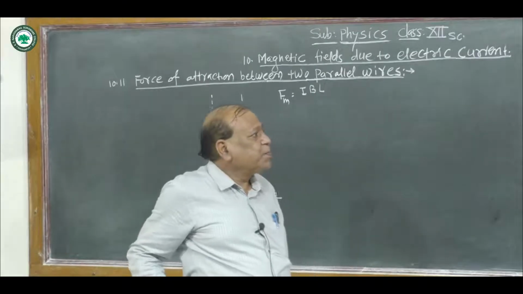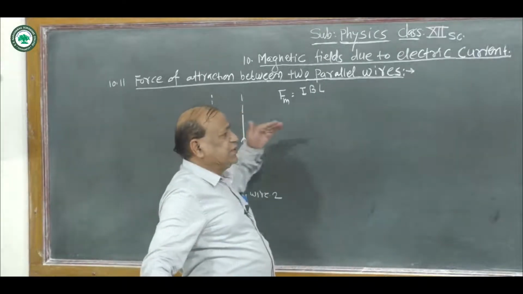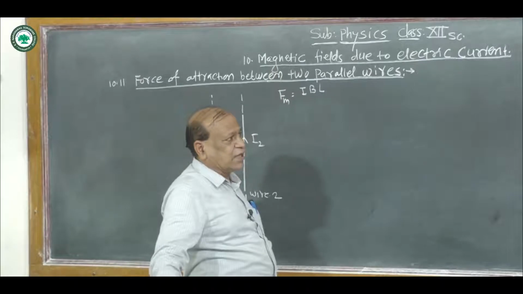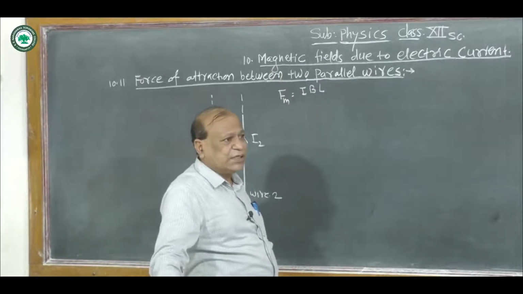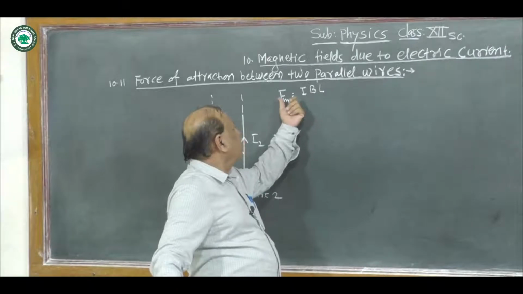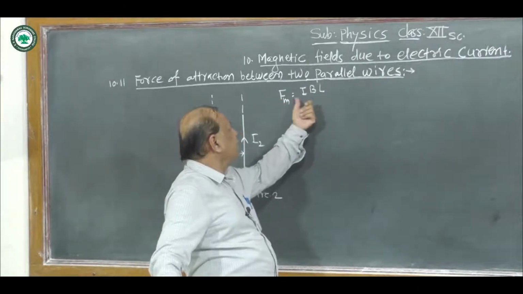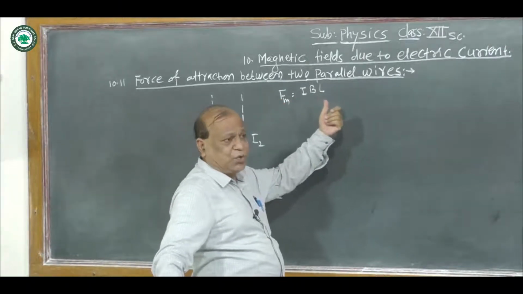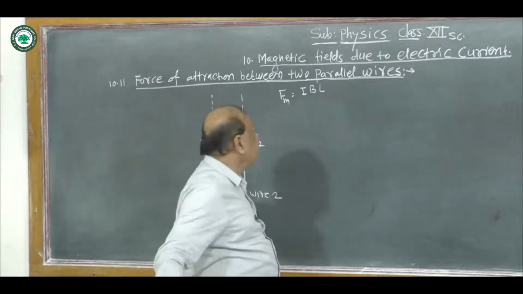Here the direction of magnetic field is perpendicular to the current, and therefore theta is equal to 90 degrees, sin theta is equal to 1, and therefore force produced by magnetic field is IBL. We have to use this idea.